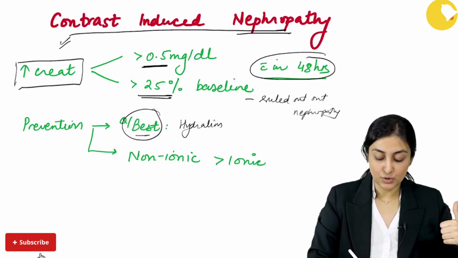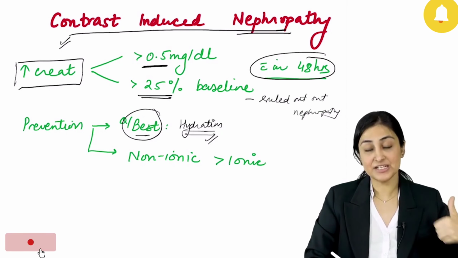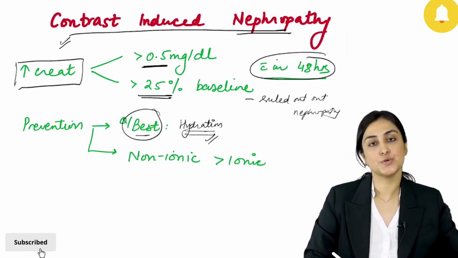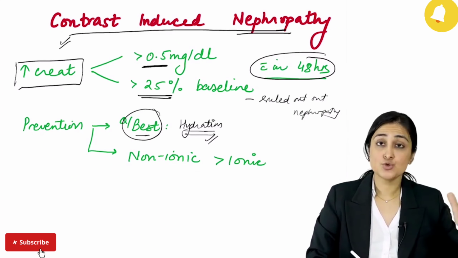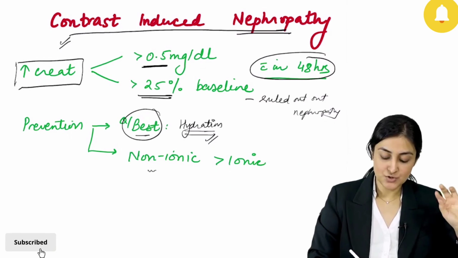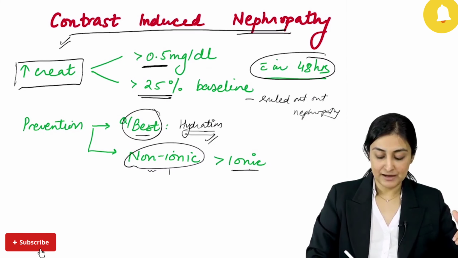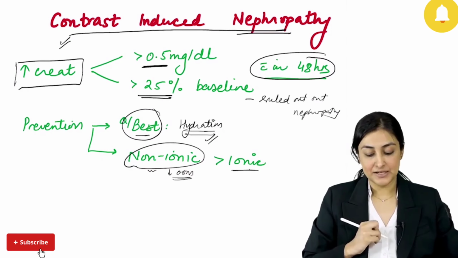Alright, so hydration or pre-hydration before the patient gets the contrast, pre-hydrating the patient is the best method proven to reduce the risk of contrast-induced nephropathy. And when we have to choose the contrast media, as we saw, we are going to prefer non-ionic over ionic because they have a lower osmolarity, right? So we are going to prefer non-ionic media over ionic media.